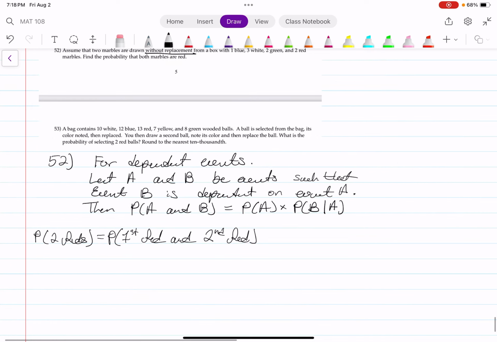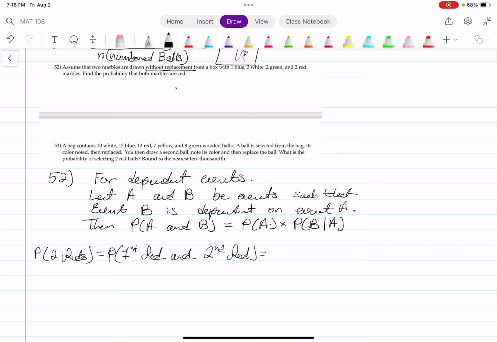By the multiplication rule in this case, this equals the probability that the first marble is red, times the probability the second marble is red, given that the first one was red, because the second drawing is dependent on the first one.